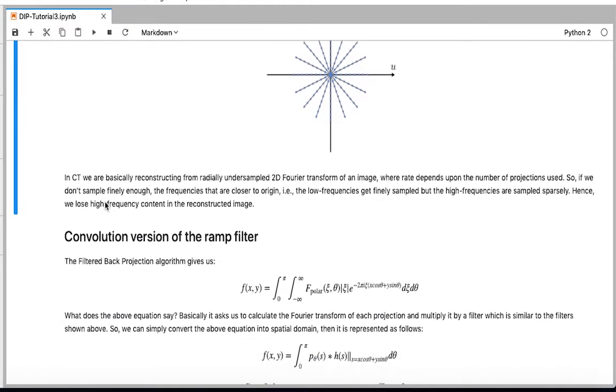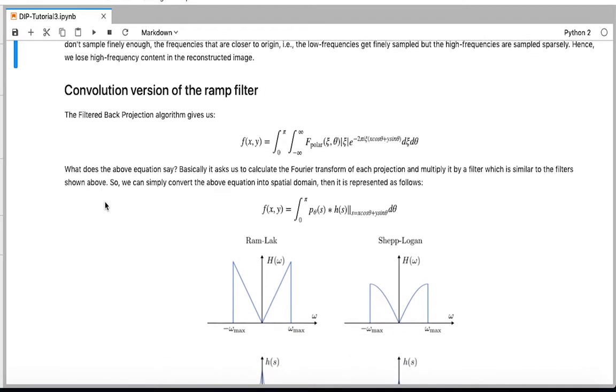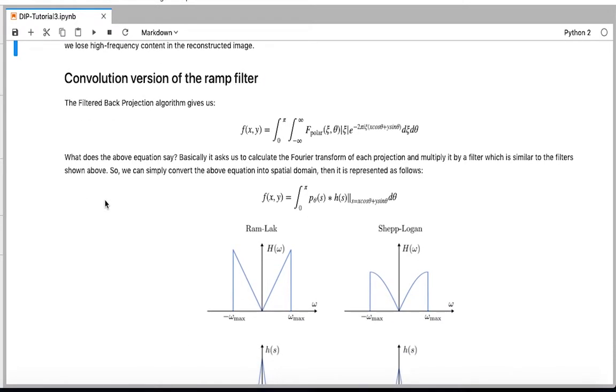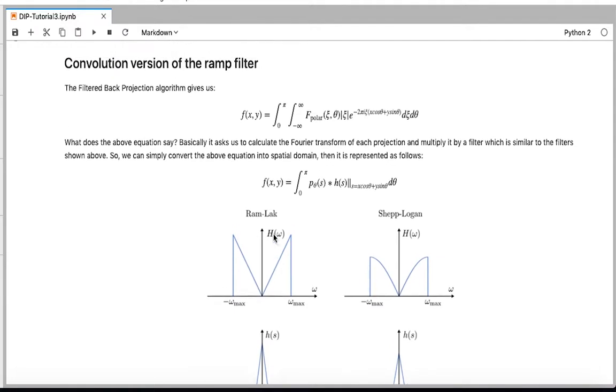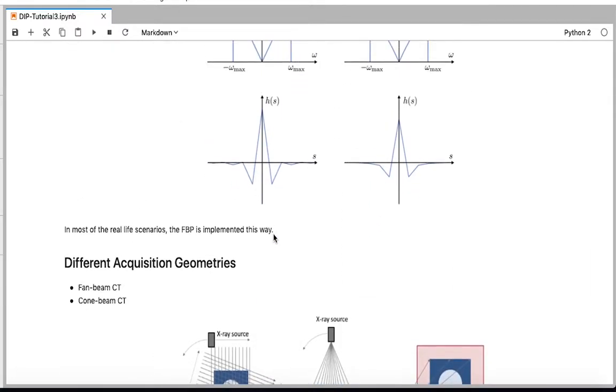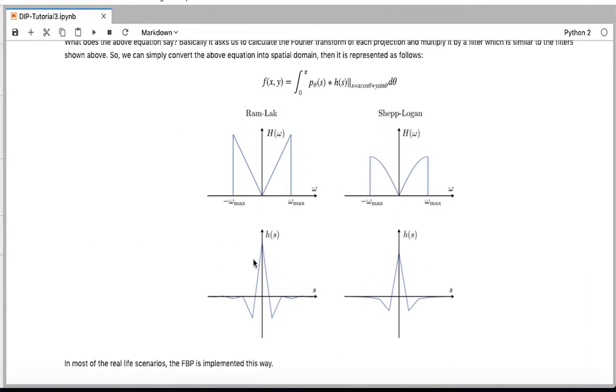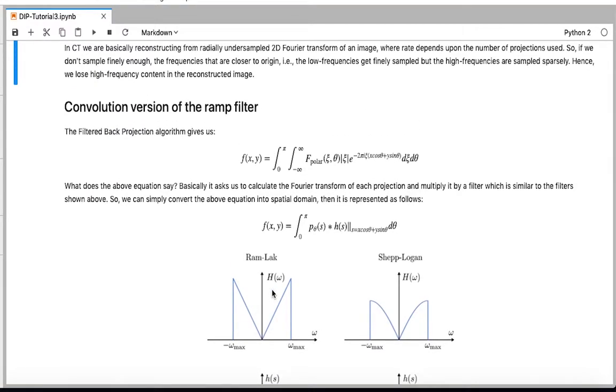So in real life, this is not really implemented. You don't really collect all the Fourier samples like this. Instead, you define these filters in the continuous domain, in the time domain. Basically, when you have filters like this, your continuous versions look like this, because it's acquiring data at a high rate.